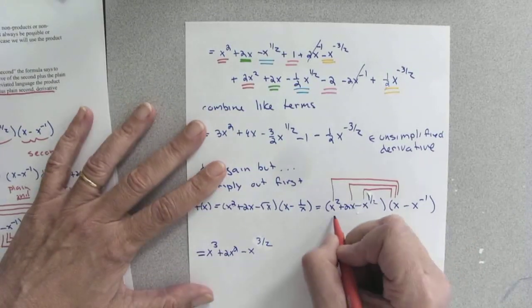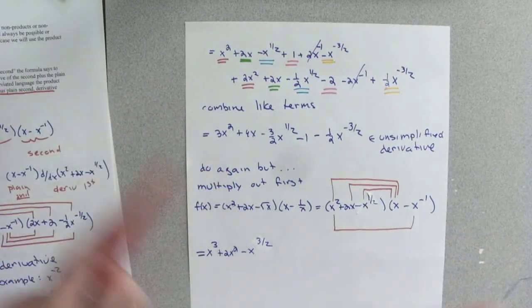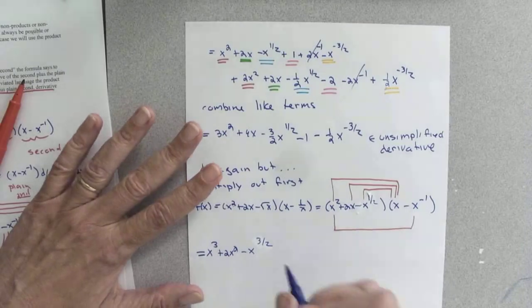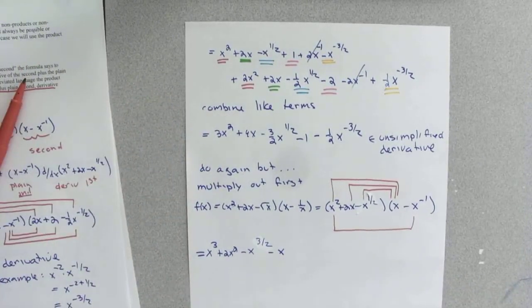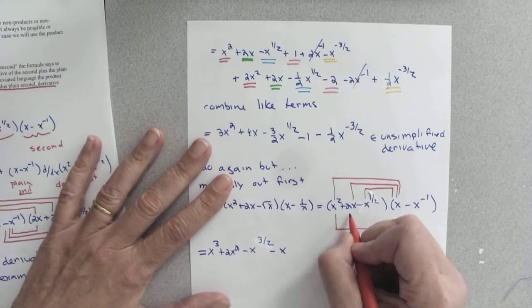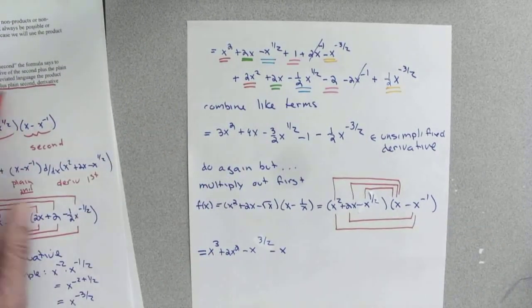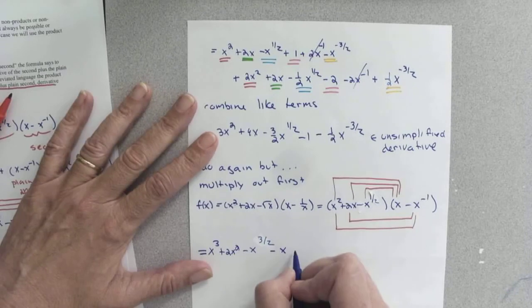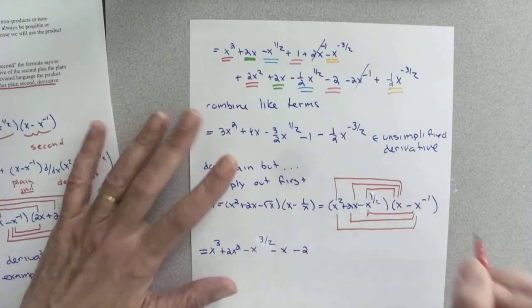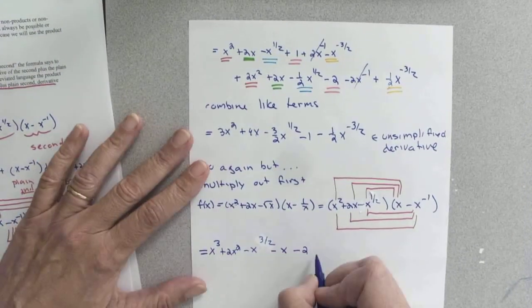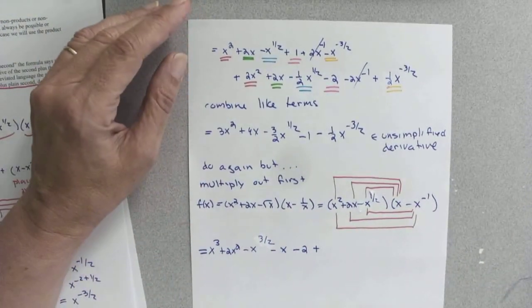And then doing the same thing on the end. X squared times negative x to the negative 1 is going to be negative, then add the exponents, so negative x. 2x times negative x to the negative 1 is going to be negative 2. And then negative times a negative is going to make that positive.